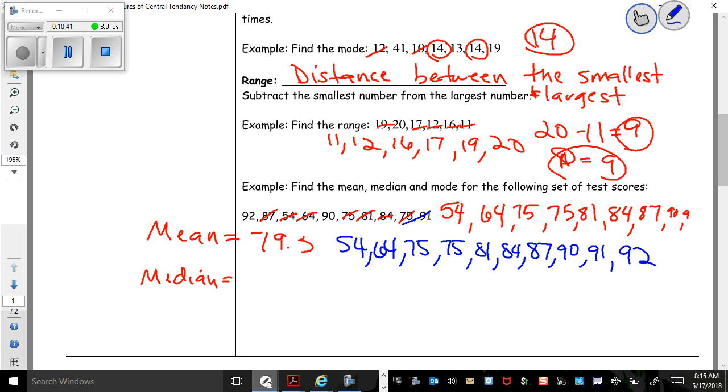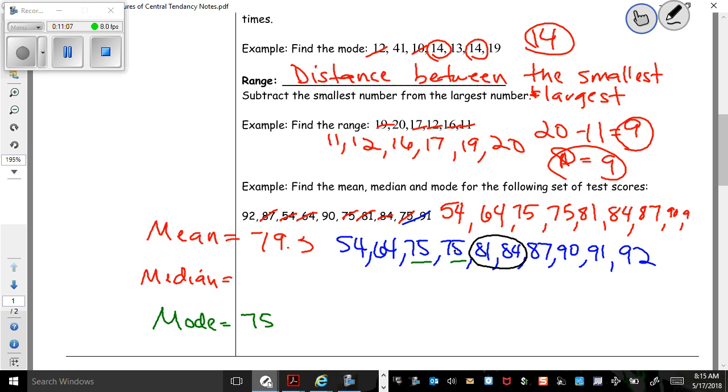Alright, so we gotta find the middle. I can look right here and tell already we can find the mode. That's easy, right? 75. What do we get for the middle? How many numbers are there? There are 10, so we're gonna have two numbers in the middle. So you got 1, 2, 3, 4, 5, and 1, 2, 3, 4, 5.